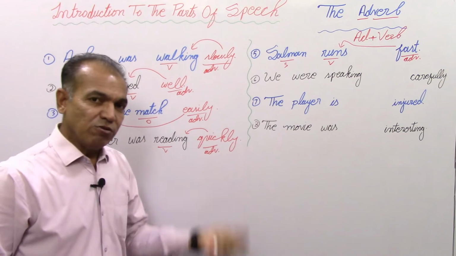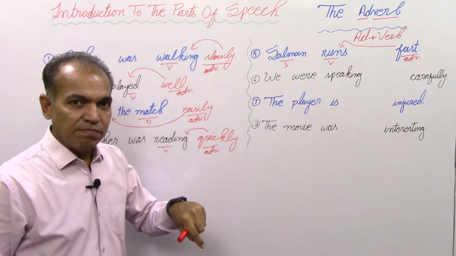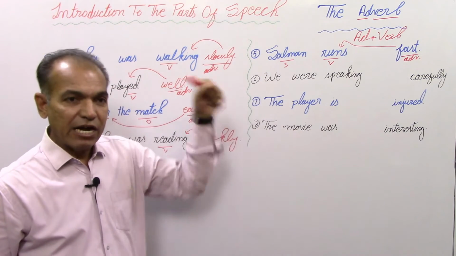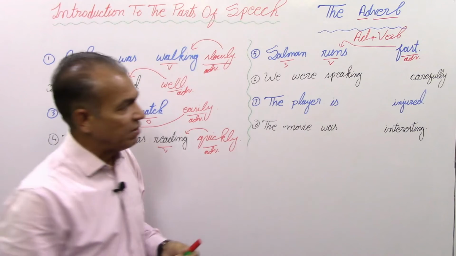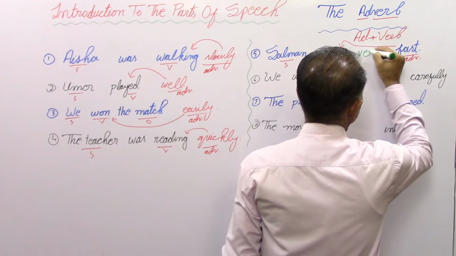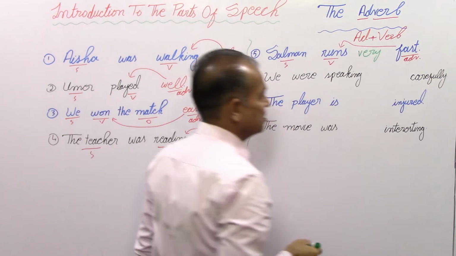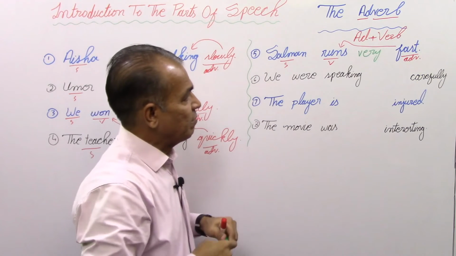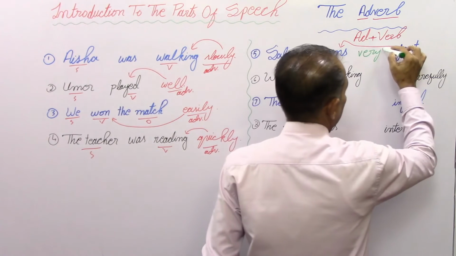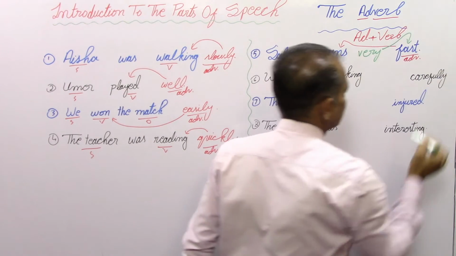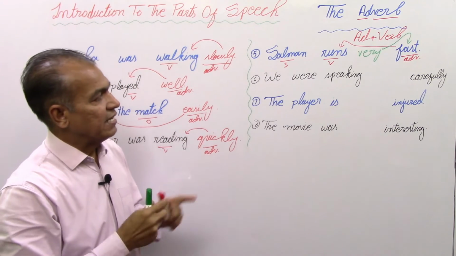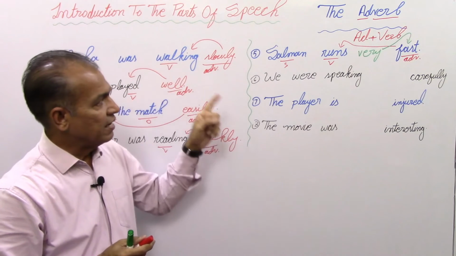Now, if we use another word and that word adds something to the meaning of adverb, so that word will also be called adverb. For example, we say Salman runs very fast. Now, when we say Salman runs very fast, it means this word very is telling something about fast. It does not tell anything about run or Salman.